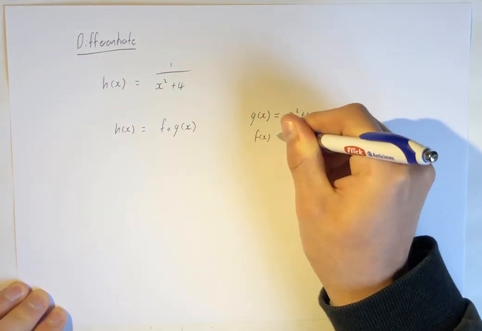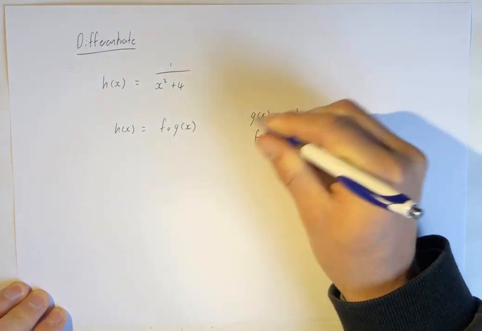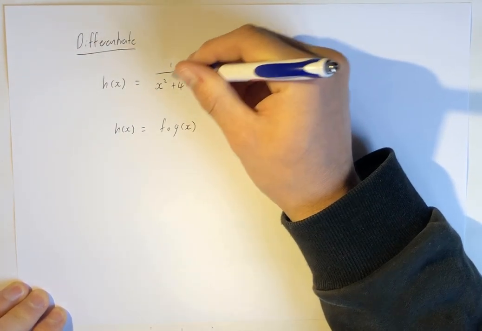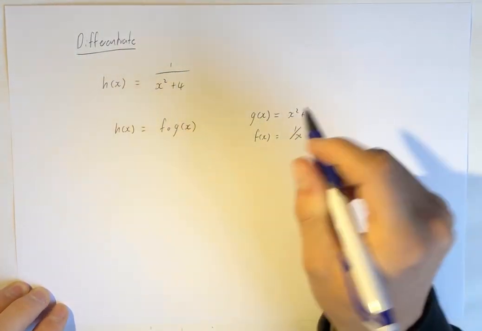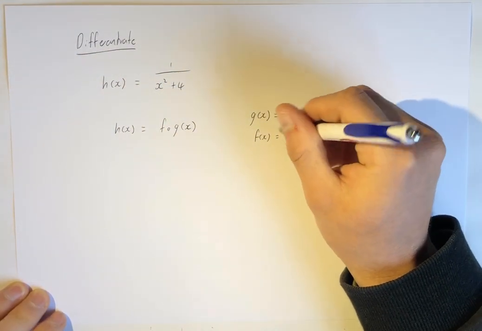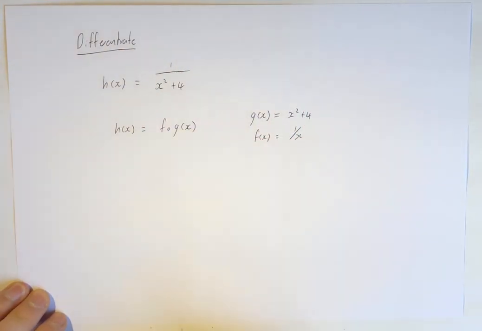And f of x is 1 over anything. So there's your big function, 1 over this thing, and there's your inside function. And later on in calculus, it'll be important to make those choices. But right now, they're going to be all pretty obvious.